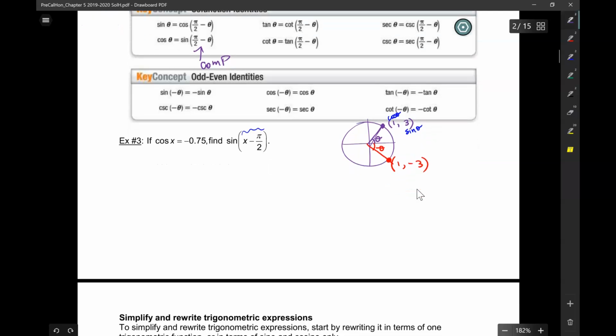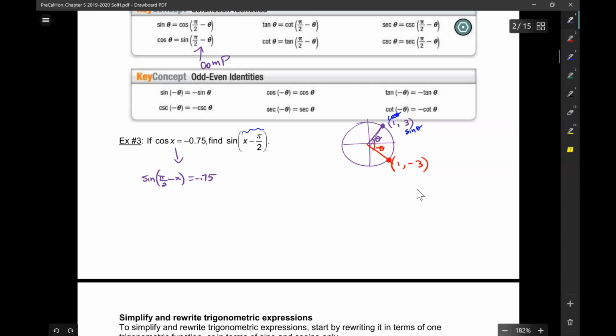If cosine of x is negative 0.75, that's the same as sine of pi over 2 minus x, which is equal to negative 0.75. Everybody okay with this? Is this what we want?